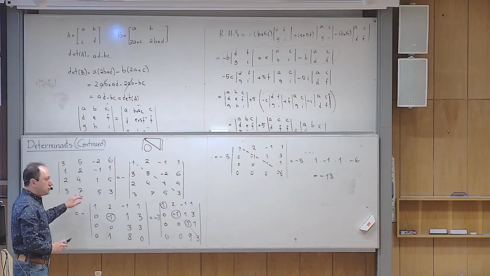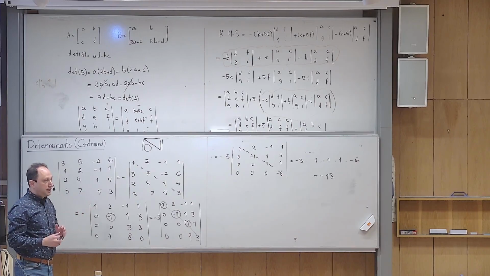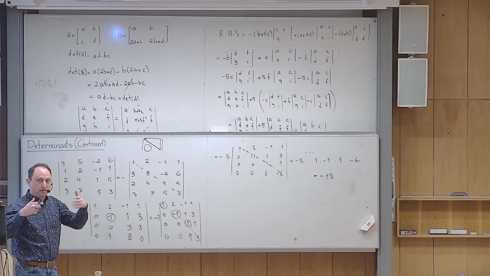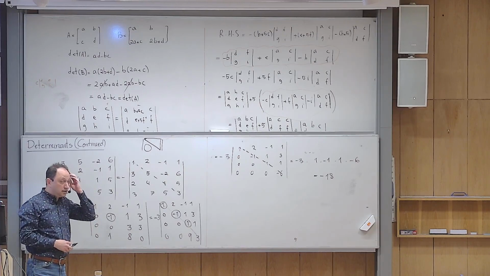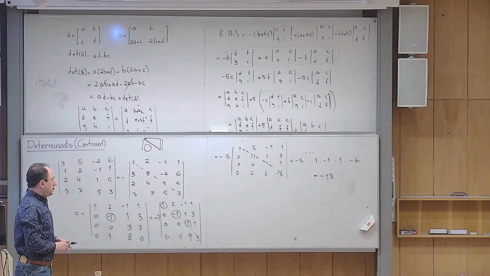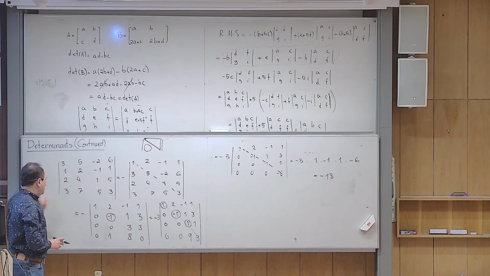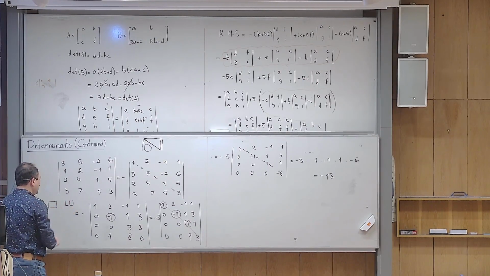It turns out that you can prove that if you write an algorithm that follows this, or one that follows the first definition, this is more efficient than the other one. I think the best way to calculate a determinant is another algorithm: if I give you a matrix, you write it as LU.